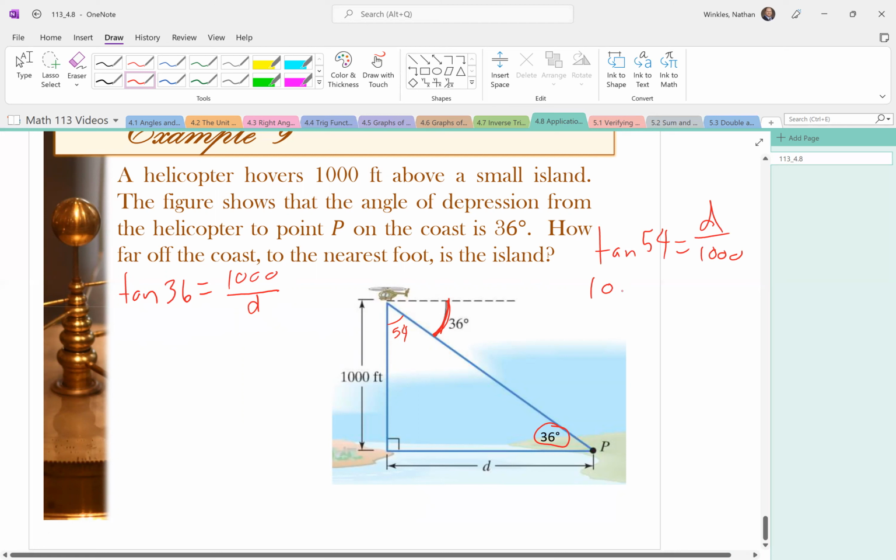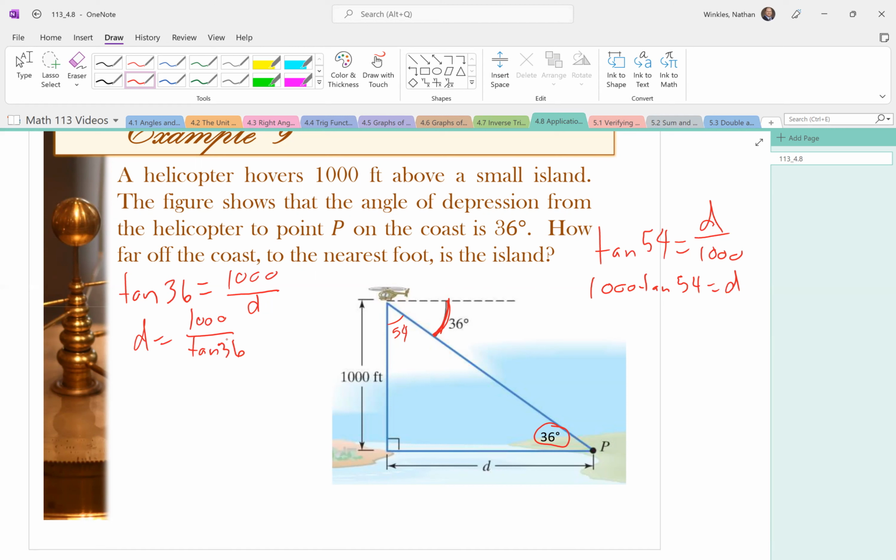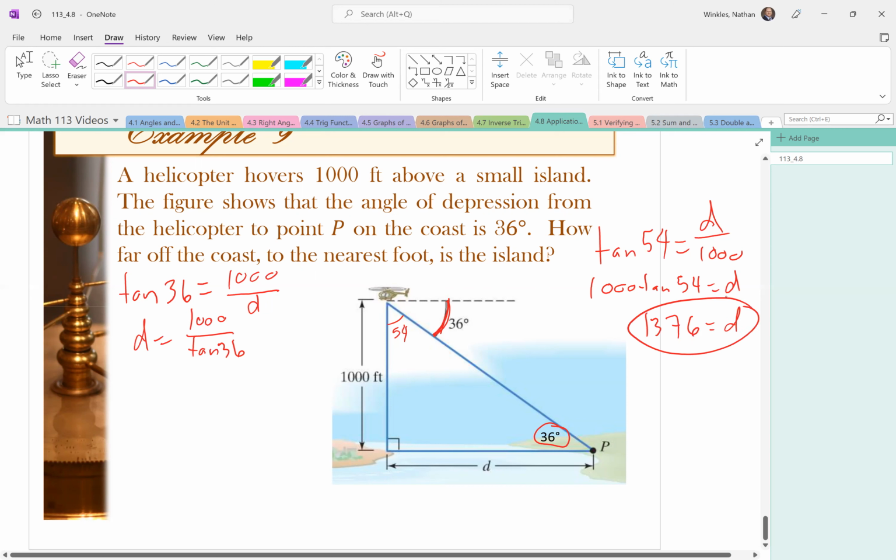If we use 1,000 tan 54 equals d versus d equals 1,000 divided by tangent 36, we're going to get the same answer no matter which way we do it. So if we work this one, we get 1,376.38 if we really want to be more accurate, but it says to the nearest foot.